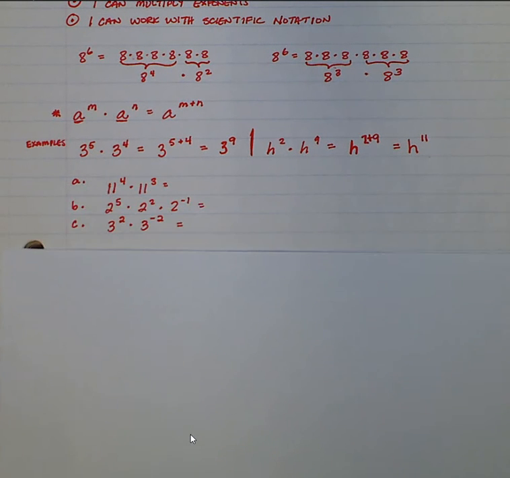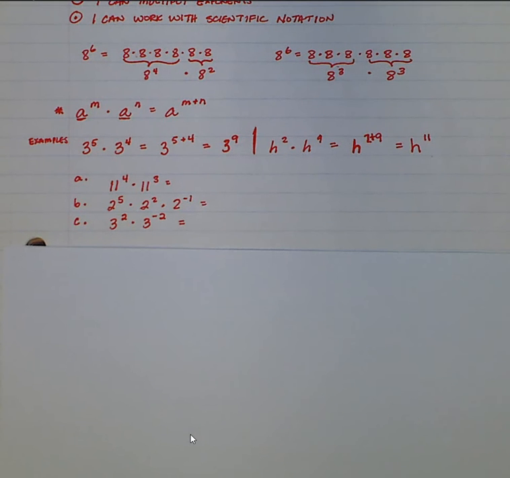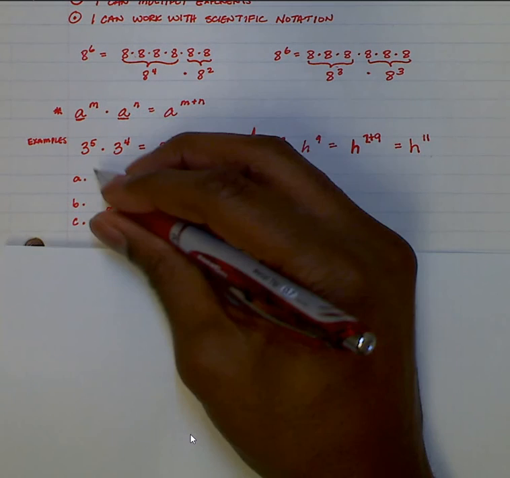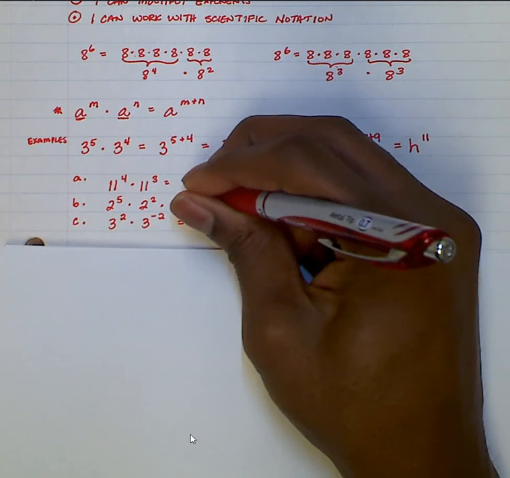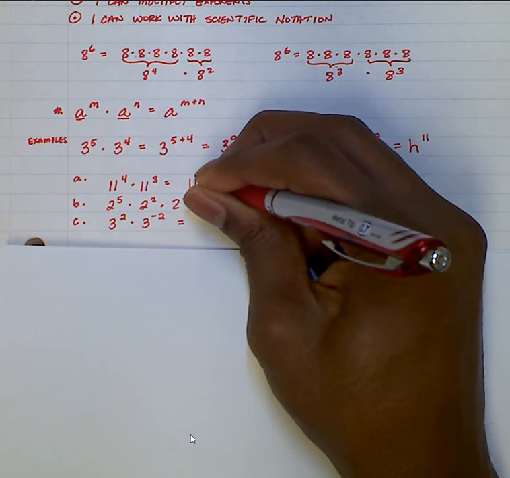Here's some more examples. You can feel free to pause it and try them on your own and then fast forward to see if you get the same thing I'm getting, or you can follow along with me. Again, same base, 11, 4 plus 3. This should give us 11 to the 7th power.